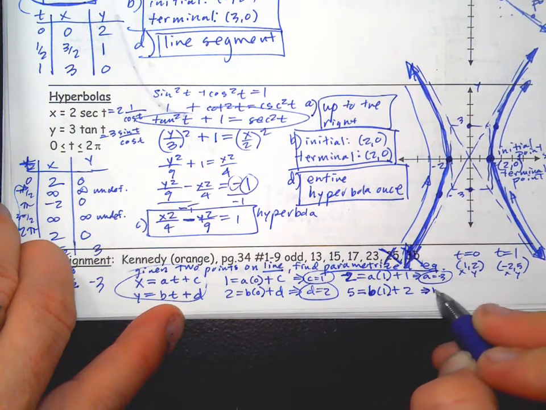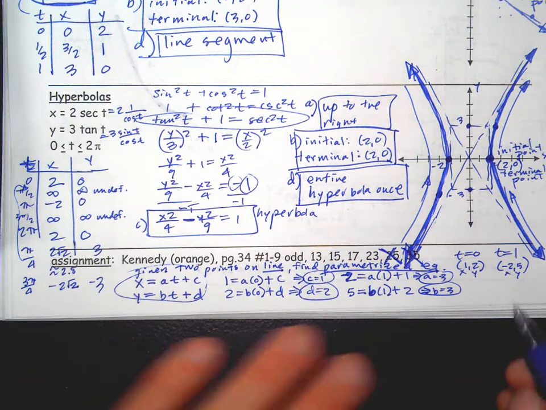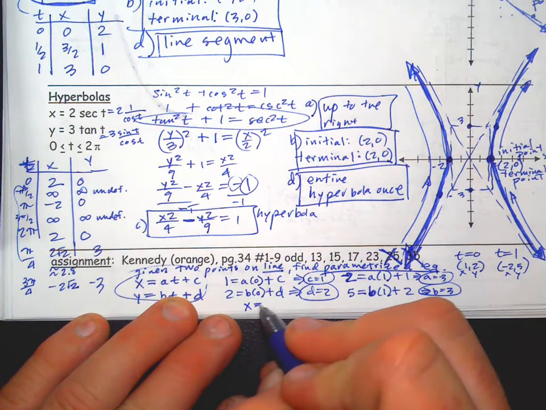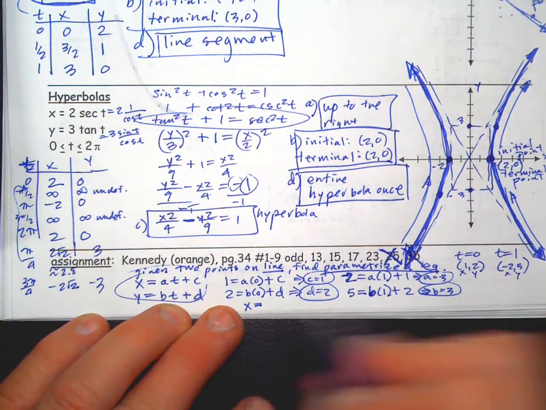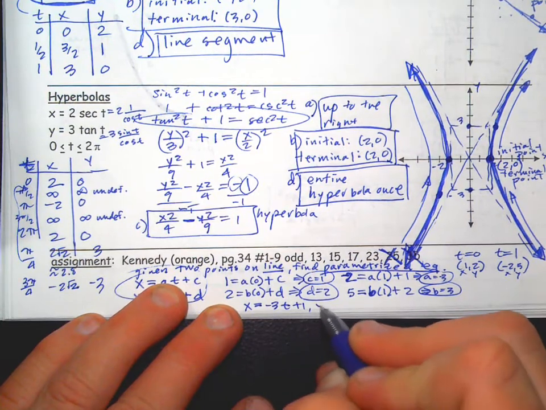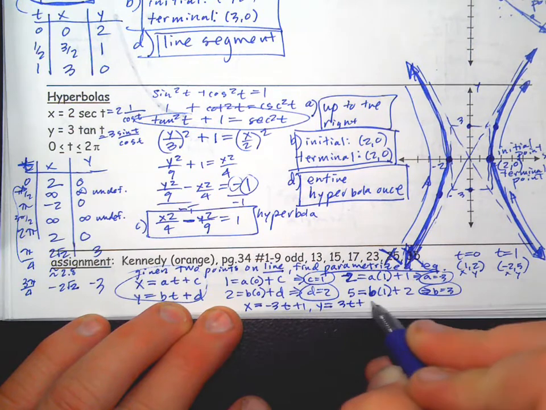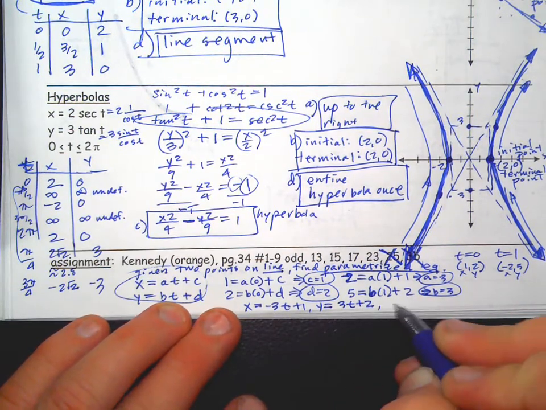So b equals 3. So now I could rewrite the equations. I'm going to say x equals negative 3t plus 1. Y equals 3t plus 2. You also need to give the domain for the time.